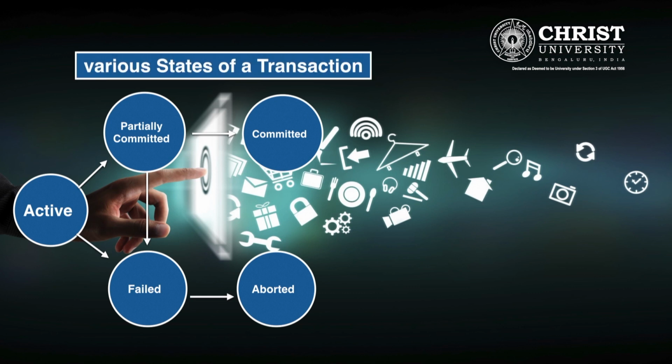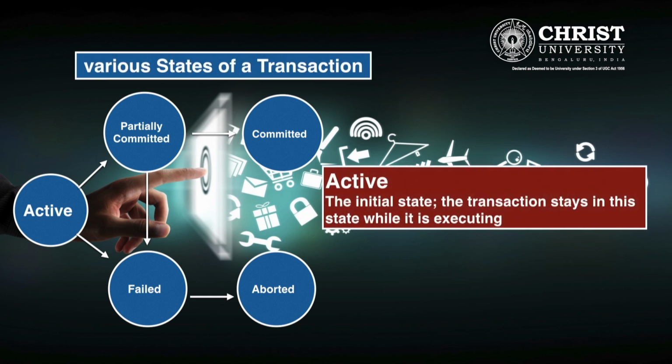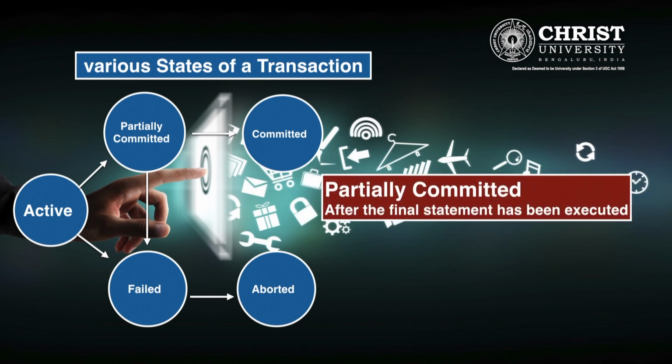So far, we have seen the basic concept and definition of transaction, followed by the properties of transaction. Now, let us explore the various states of a transaction. We have active state. It is the initial state; the transaction stays in this state while it is executing. Partially committed.